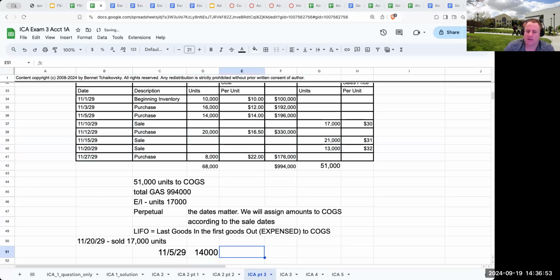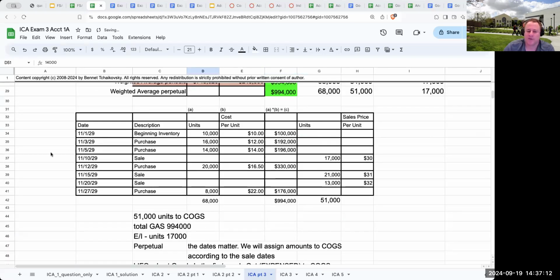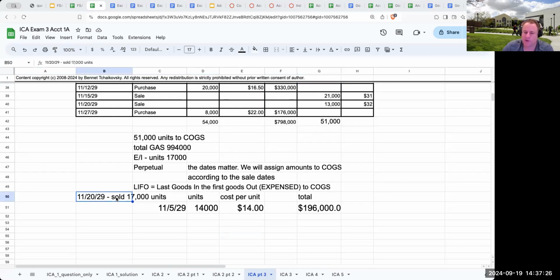We're going to take 14,000 units at $14 per unit, right? So this is basically going to give us a total amount going to cost of goods sold of $196,000. Once I take something from one of my purchases, I need to remove it from my inventory, but I am not done yet. I need 17,000 units to cost of goods sold.